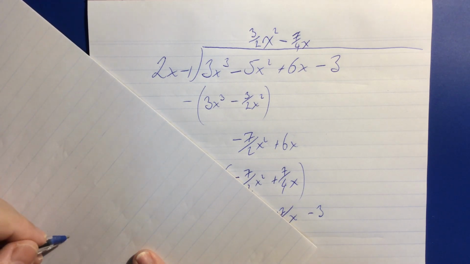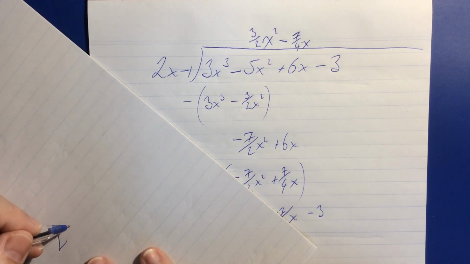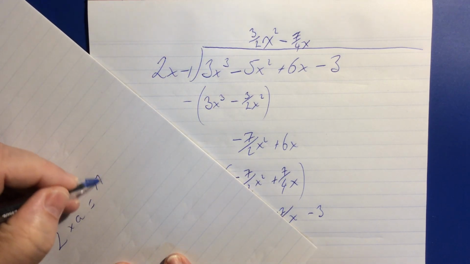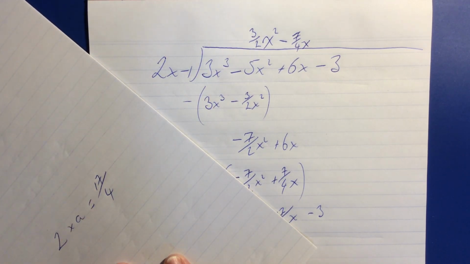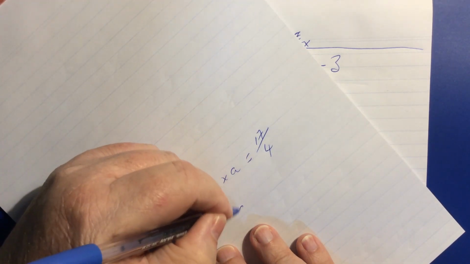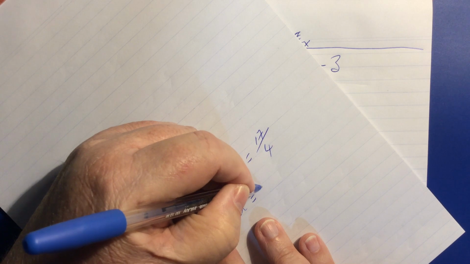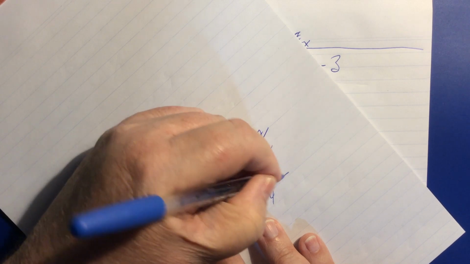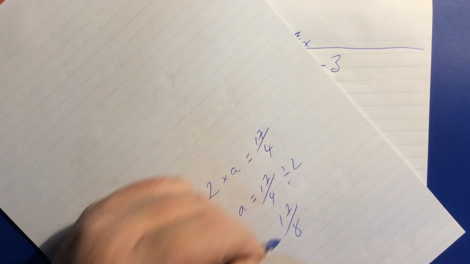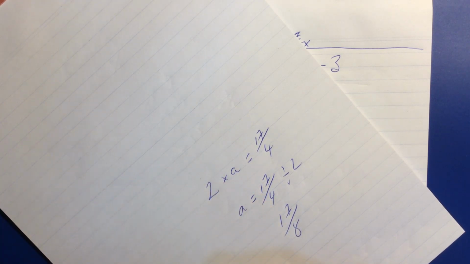So I want 2 times a to equal 17 on 4. That's what I want to have happen. So a is going to equal 17 on 4 divided by 2. We've been through this before. It's 17 on 8.